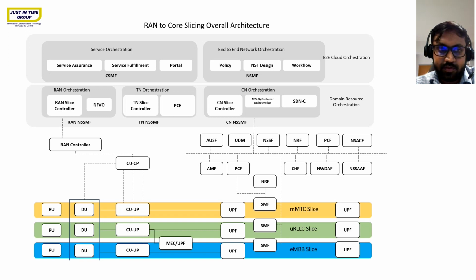In the previous slide, I also explained that sometimes you can share certain DU resources, and then connect to multiple user plane functions. We will explain that when I go through the RAN slicing slide. You can connect to different user plane functions at the core network locations, and according to your requirement, you can also allocate different session management functions, whether you require them or not.